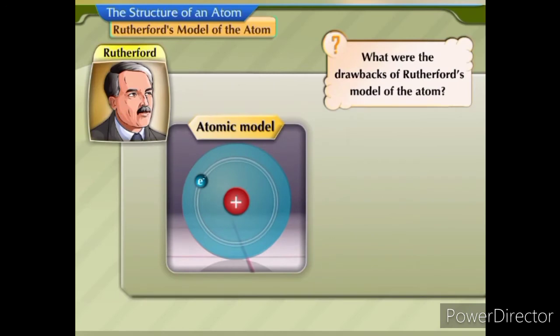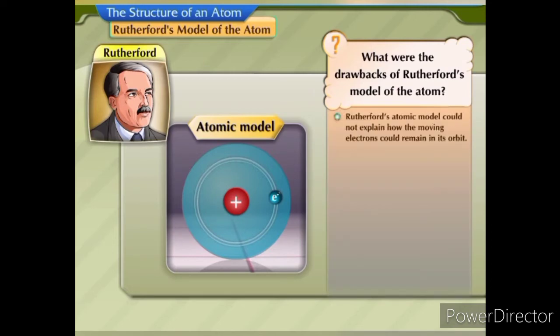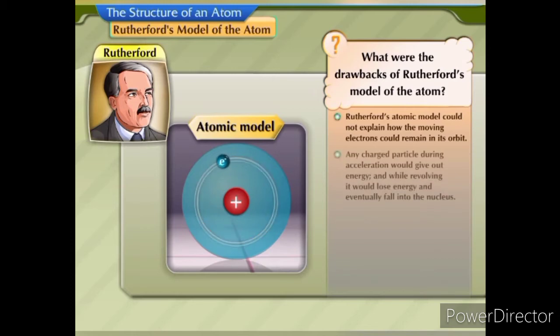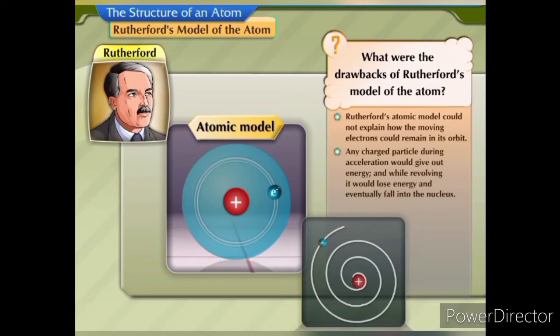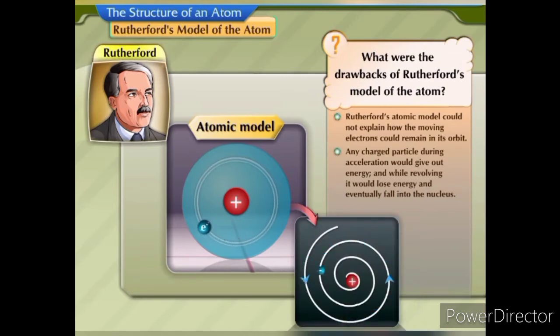What were the drawbacks of Rutherford's model of the atom? Rutherford's atomic model could not explain how the moving electrons could remain in its orbit. Any charged particle during acceleration would give out energy, and while revolving, it would lose energy and eventually fall into the nucleus.